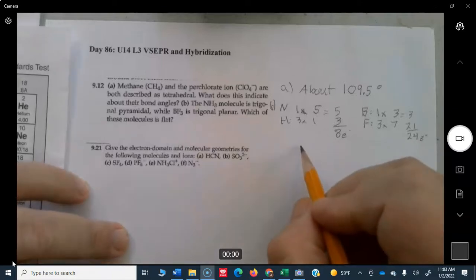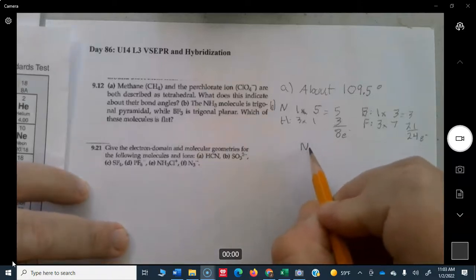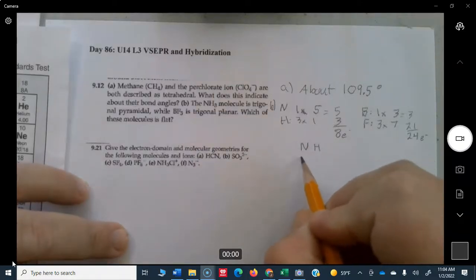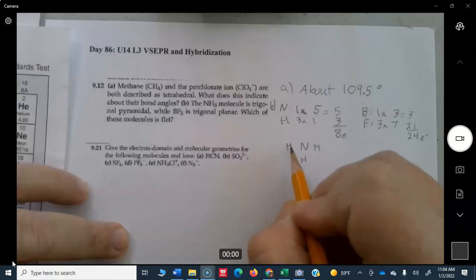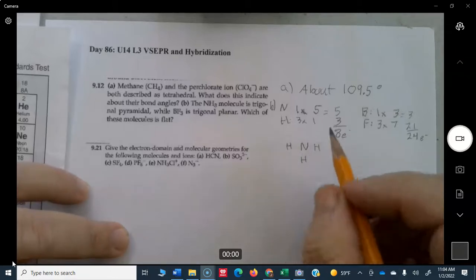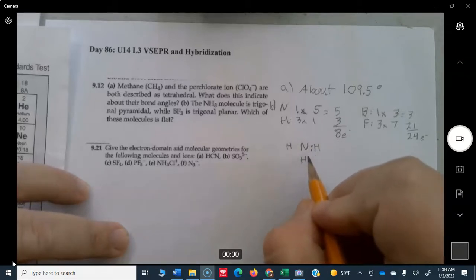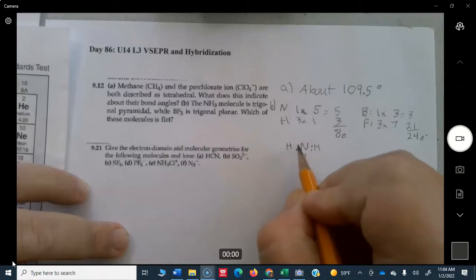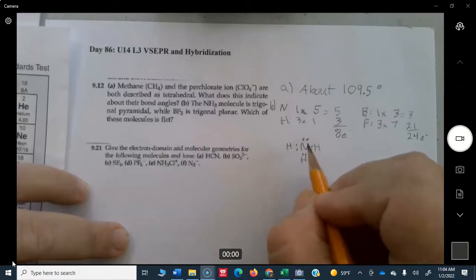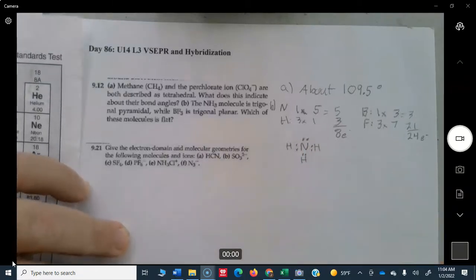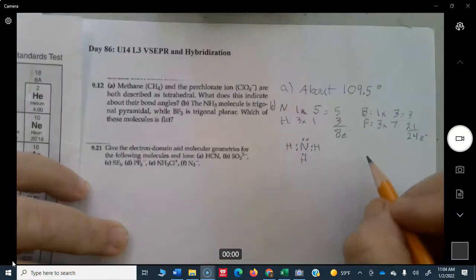All right, so let's draw that. So the N is going to be in the middle. Then you got H, H, H. Okay, now we've got to place 8 electrons. So there's 2, 4, 6, and then the other 2 have to go there. They can't go around hydrogen. Hydrogen can only hold 2 electrons. So there it is.